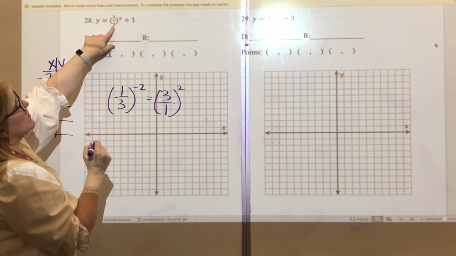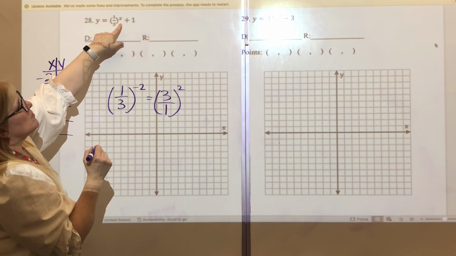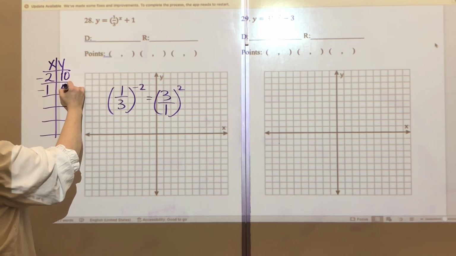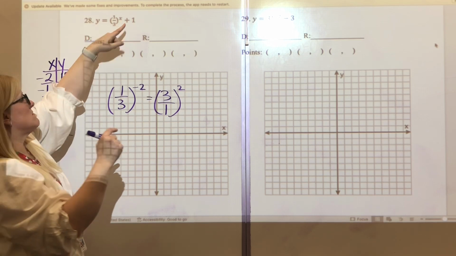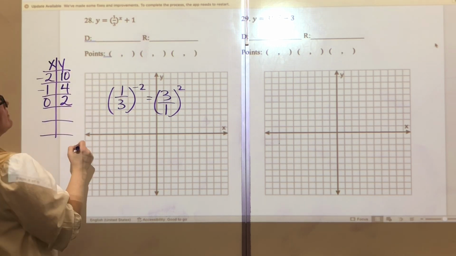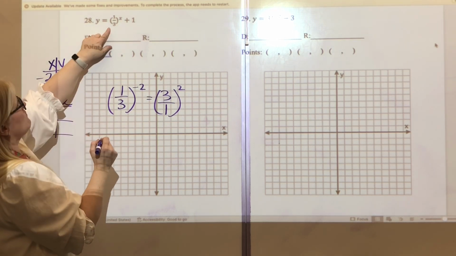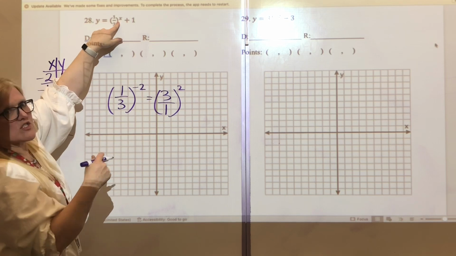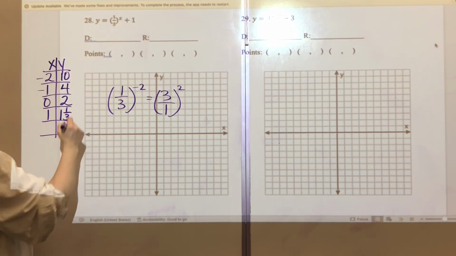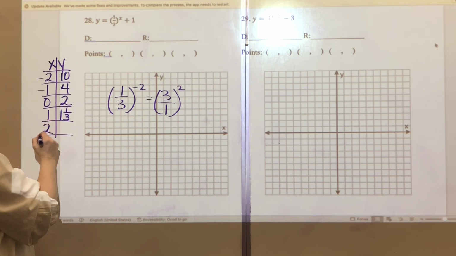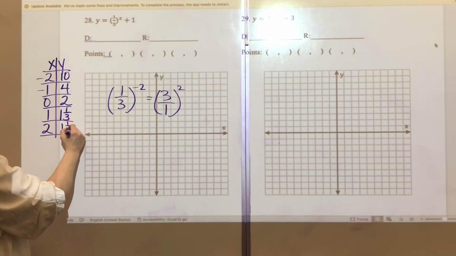Negative 1 will give me 3, plus 1 is 4. Anything to the 0 power is 1. 1 plus 1 is 2. 1/3 to the 1 power is just 1/3, so this will be 1 1/3. And then if I square this, that'll be 1/9, so this will be 1 1/9.